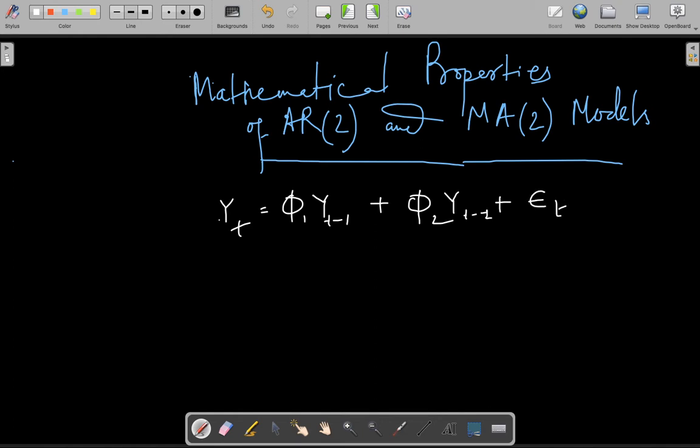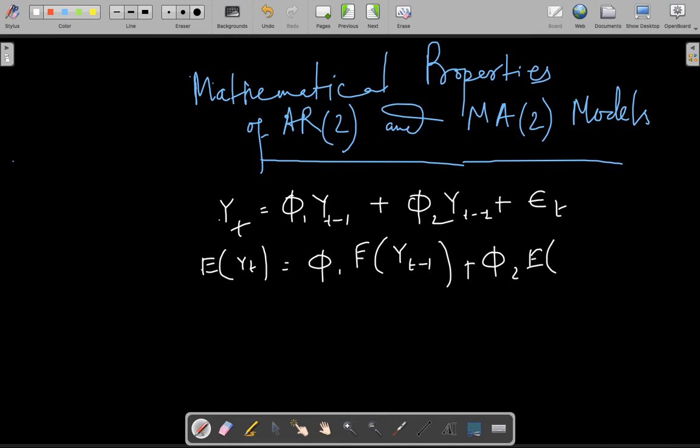Now if I want to get a mean for this series, I will take expectation on both sides. So expectation of y_t equals phi 1 times expectation of y_(t-1), phi 2 times expectation of y_(t-2), plus expectation of epsilon_t.